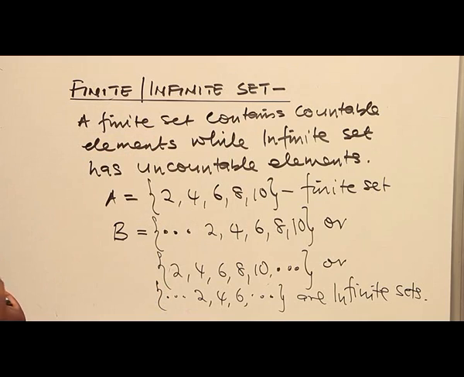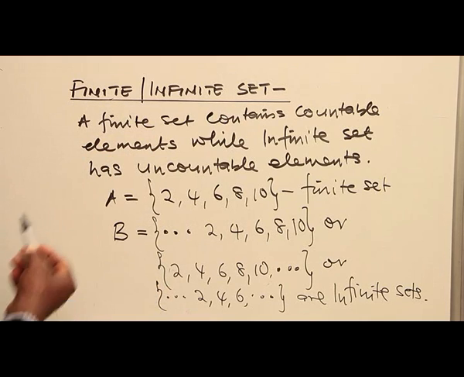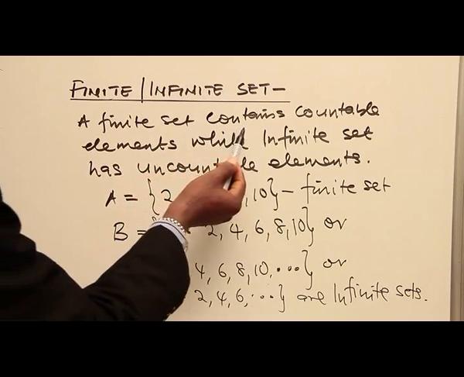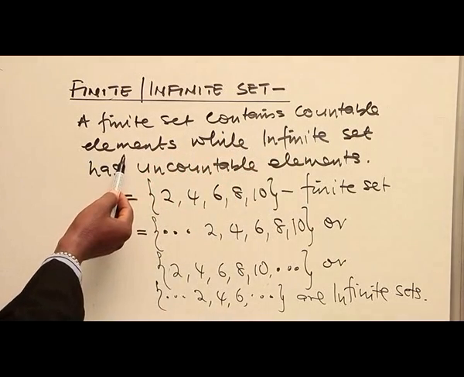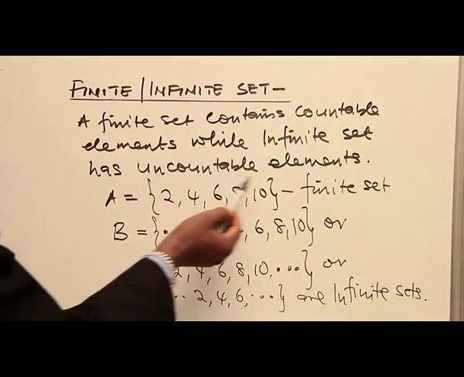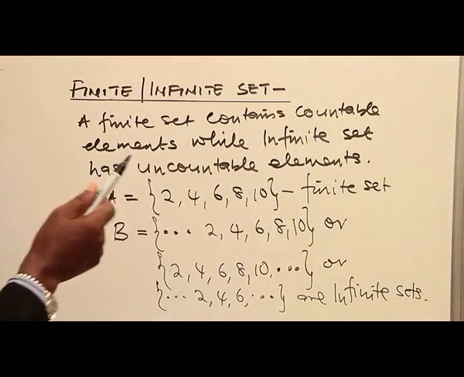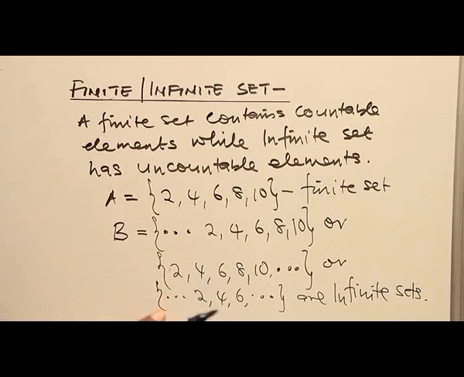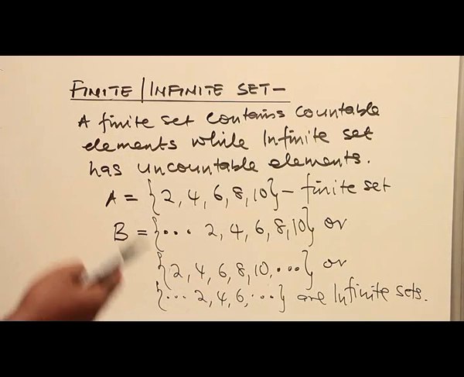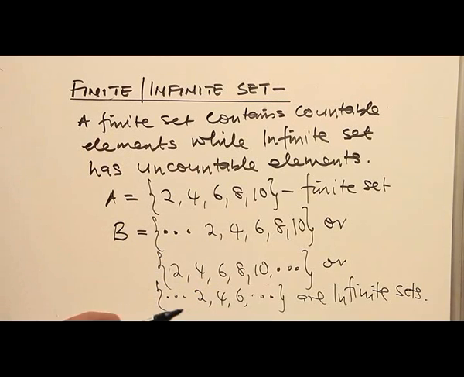A finite set contains countable elements, while the infinite set has uncountable elements. Take that again. For the finite set, we have elements that are countable. They can be 2, they can be 1, they can be 20, they can be 100. They are countable. But for the infinite set, they are uncountable.